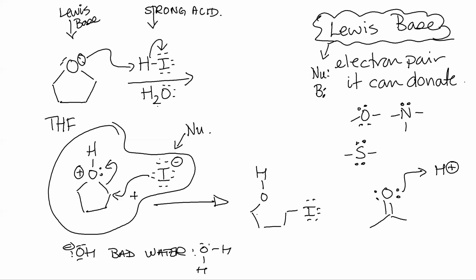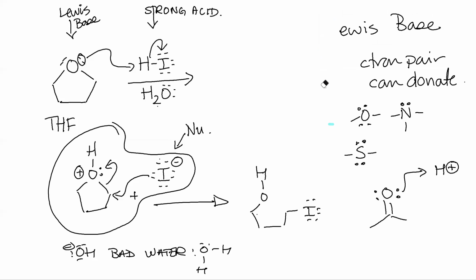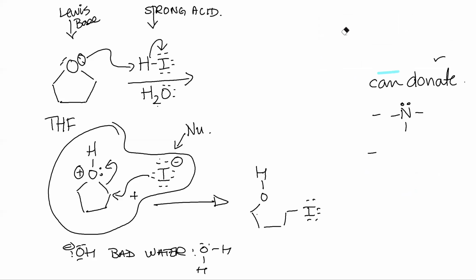So if we go back to looking at a reaction scheme, sometimes the first thing we should look for is whether there is an acidic proton that we can grab.